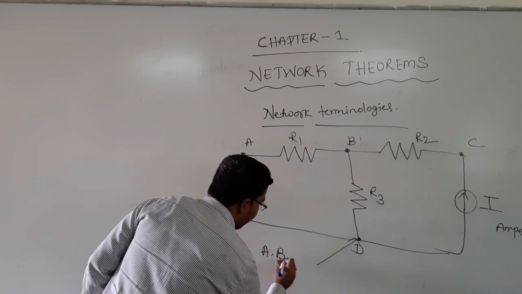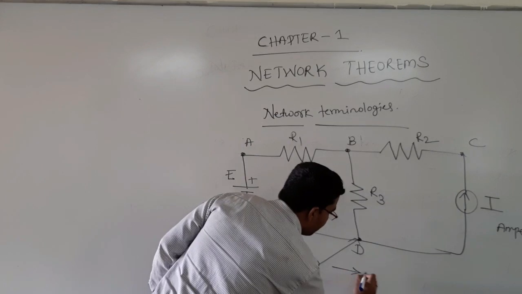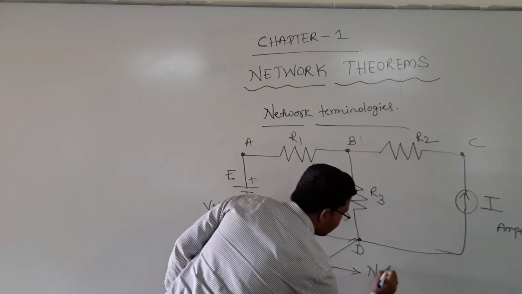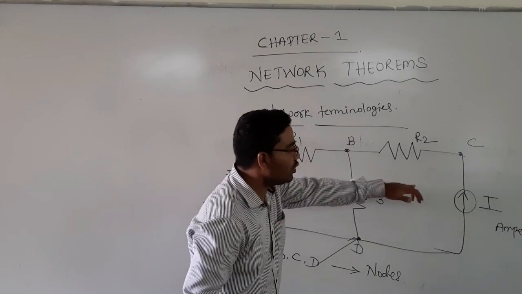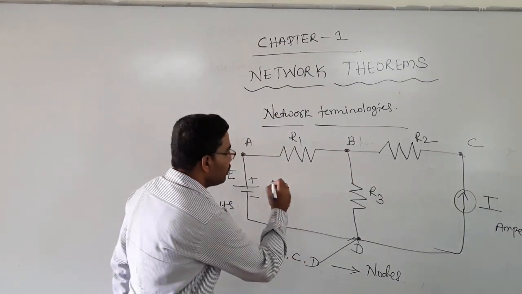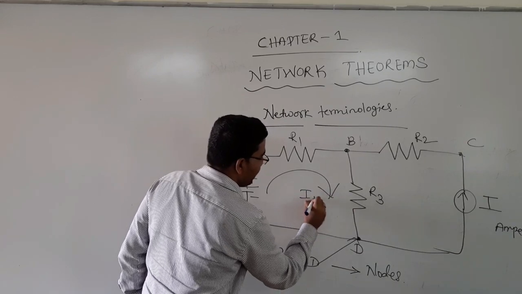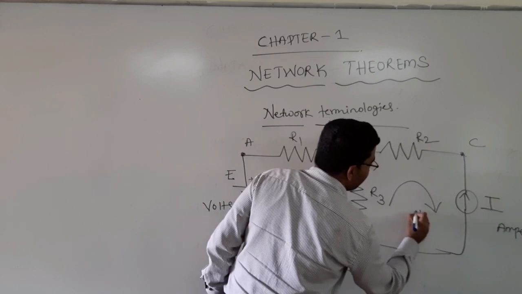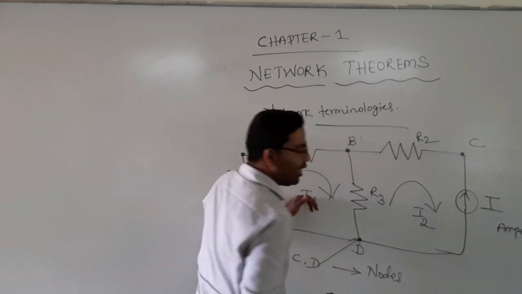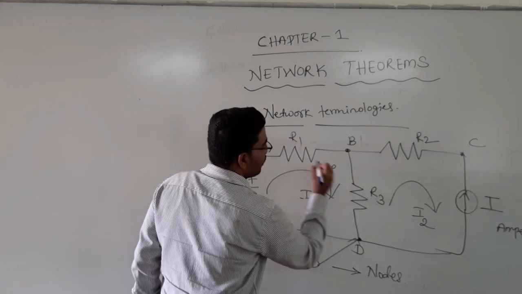A, B, C and D are nodes. Then I have two loops here. In the first loop, current I1 is flowing. In the second loop, I2 is flowing, in the clockwise direction. This is called a loop.